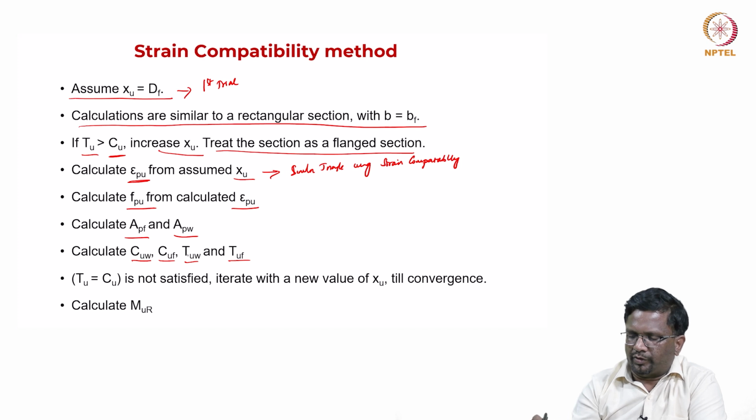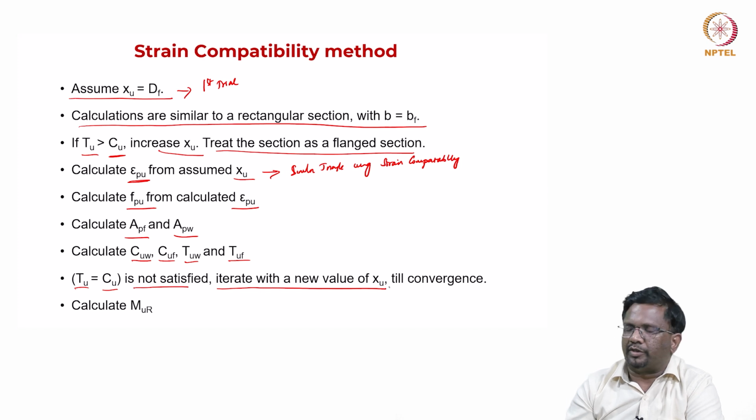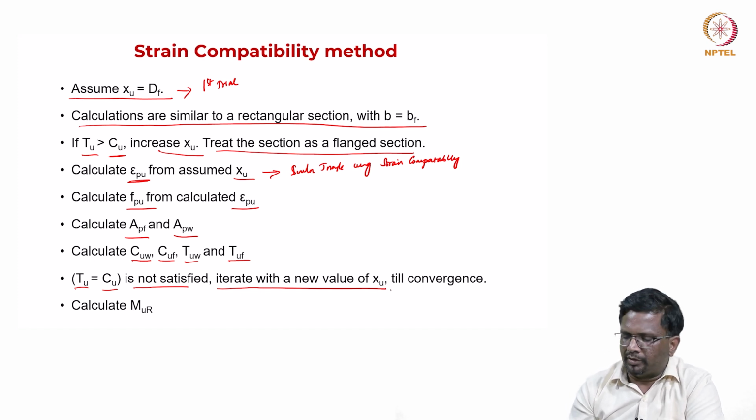And now we add all of them, tension should be equal to compression. If this is not satisfied, again we are going to iterate with a new value of neutral axis depth till the convergence is happening. Then you get your moment resistance. Once you satisfy, like what we have seen in the previous slide, you can calculate your moment resistance and even curvature at ultimate.